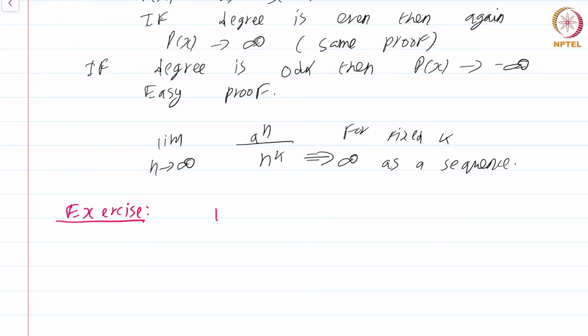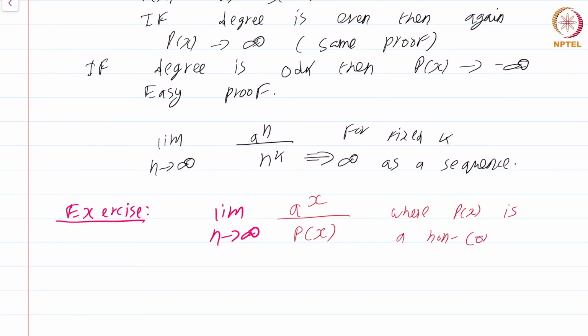The limit as x goes to infinity of a^x divided by p(x), where p(x) is a non-constant polynomial and a is greater than 1.